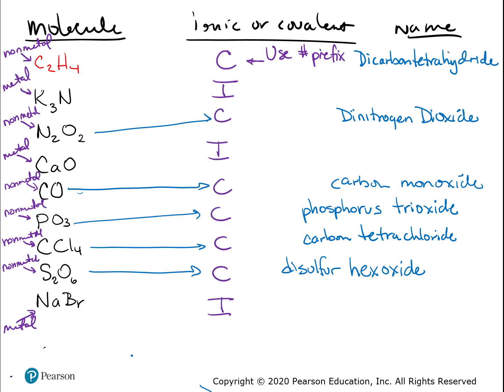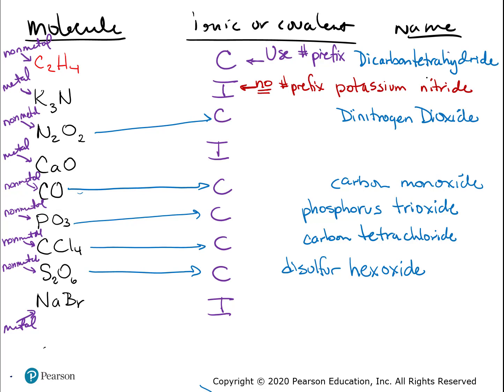Okay, so now let's go back and do the ionic. So K3N. Yep, potassium. Potassium what? Nitride. Super easy. No number prefixes, remember? So it's just like sodium chloride. You don't have to use number prefixes.